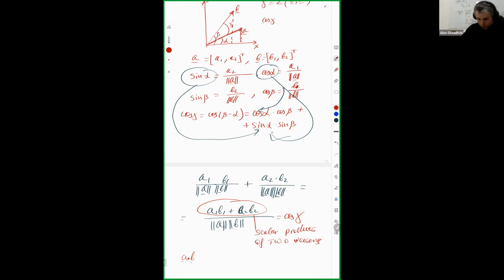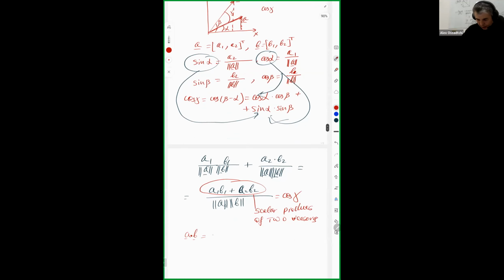Or it can also be denoted as a transpose b, right? Because it's an operational definition. If you look at what a transpose b is, it's a1 a2, the transpose of a, multiplied by vector b, b1 b2.